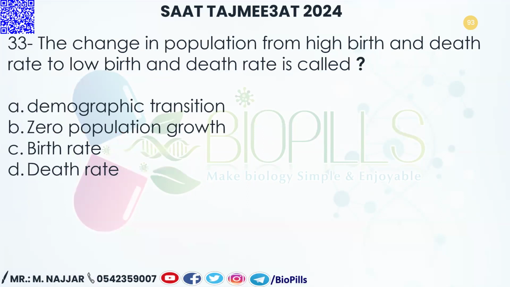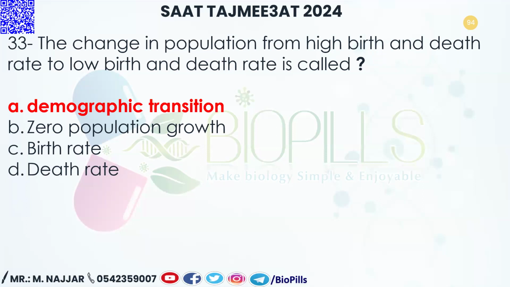Question number 33, the change in population from high birth and death rate to low birth and death rate. This is called, much like what is happening in Japan, ZPG, zero population growth. Sorry, zero population growth is when the death rate equals the birth rate. It is not that. It is demographic transition. There is a change in the demography, such as what happened in Japan.